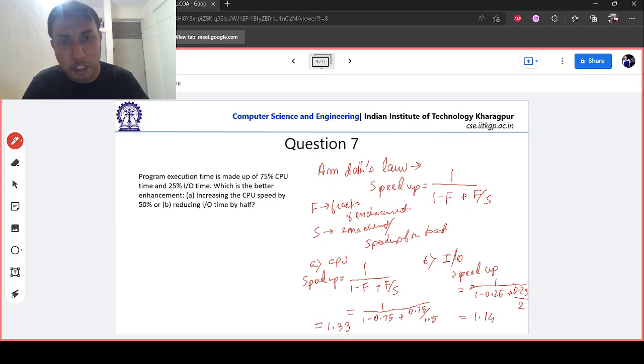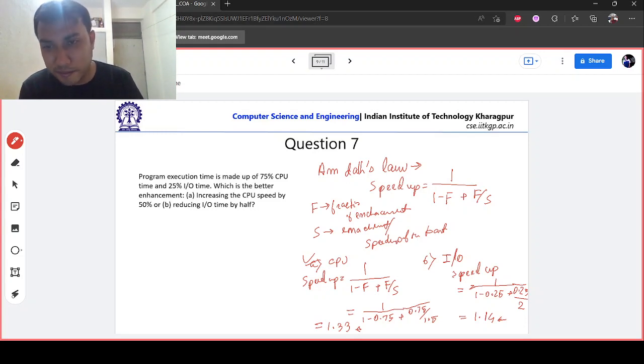So which policy gives the better enhancement? Increasing the CPU speed by 50%, because the value is 1.33, and for reducing the IO time by half, the value is 1.14.